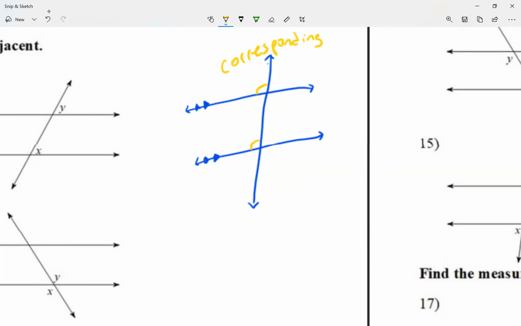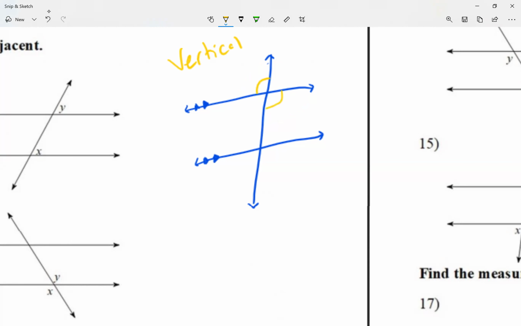Now, another one that we're going to be looking at is what we call vertical. The next thing we're going to talk about is what we call vertical angles. Vertical angles and adjacent angles are going to happen at the same corner. A vertical angle, let's say I pick this angle, is the opposite angle here.